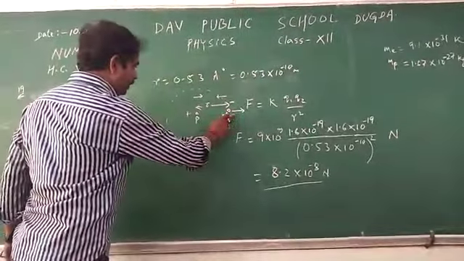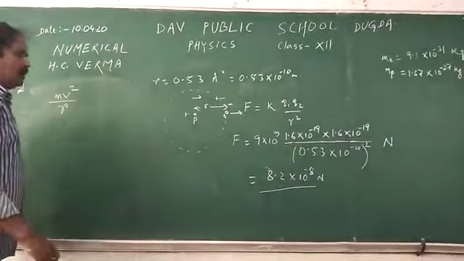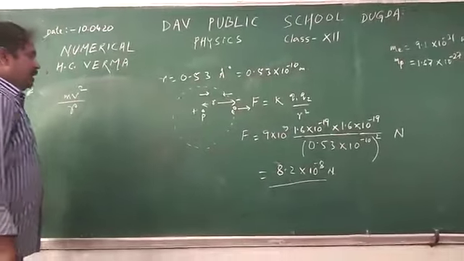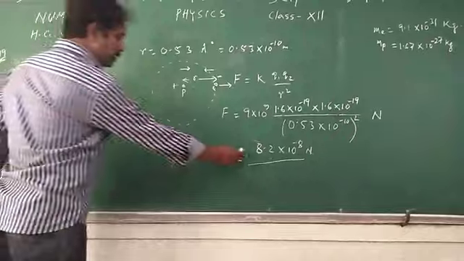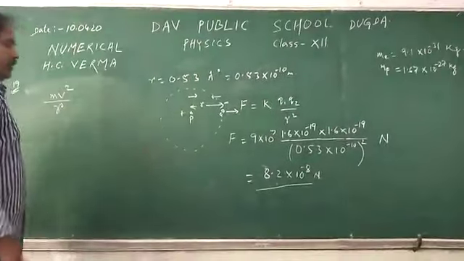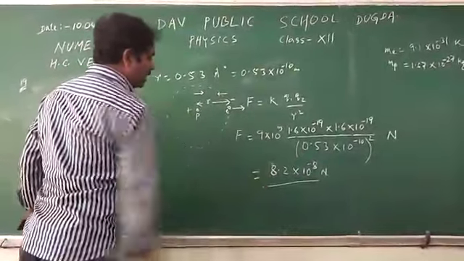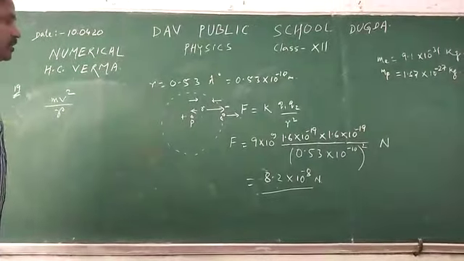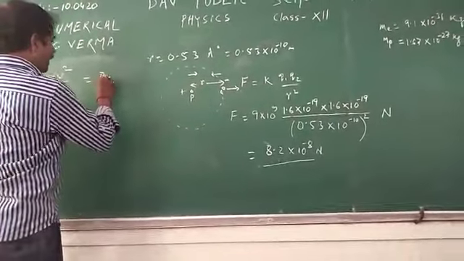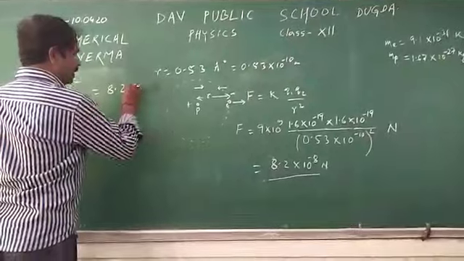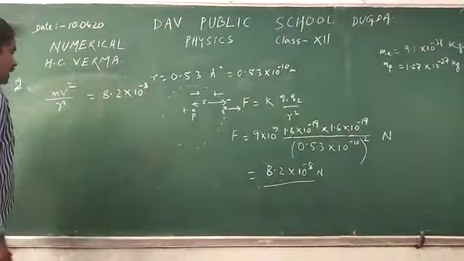This centrifugal force experienced by the electron counterbalances the electrostatic attractive force, which we calculated in the last question, equal to 8.2 into 10 to the power minus 8.